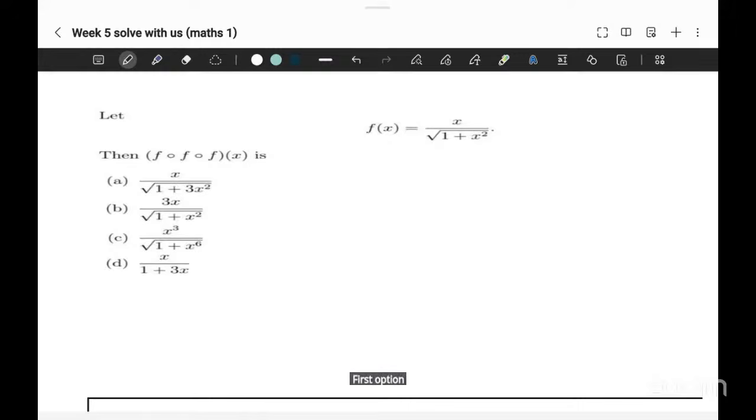First option. Option A. Okay. Option C. Option A. Anyone else? C, ma'am. Yes, option C.